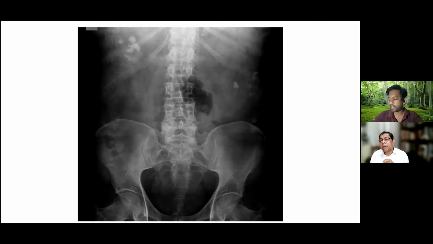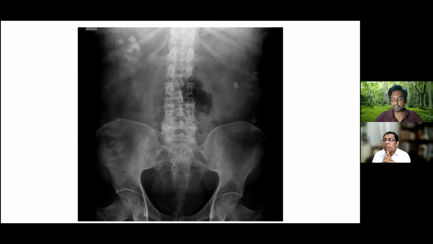So the 2.5 centimeter stone is in the lower pole. Yeah. The 2.3 stone is in the lower pole. So based on the evidence available, because it's 23 millimeters in size, the best option would be to go ahead with a percutaneous nephrolithotomy. But other options available would be retrograde intrarenal surgery, that is flexible ureteroscopic access to the lower pole.